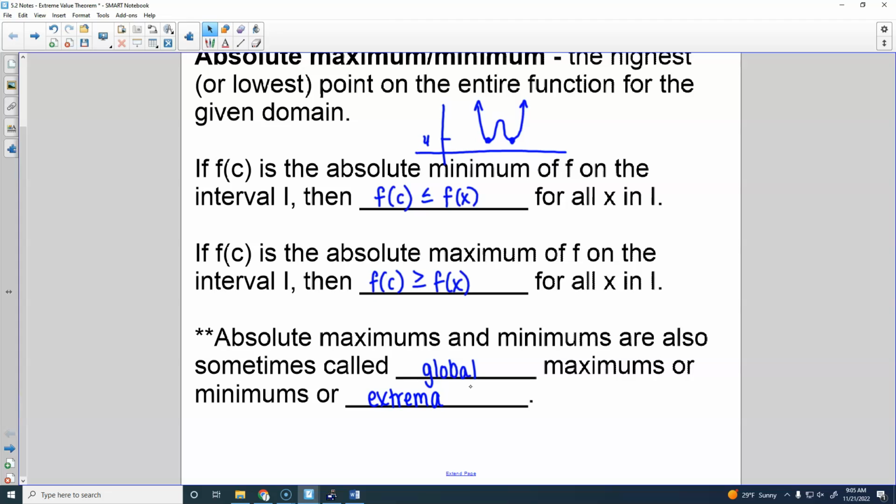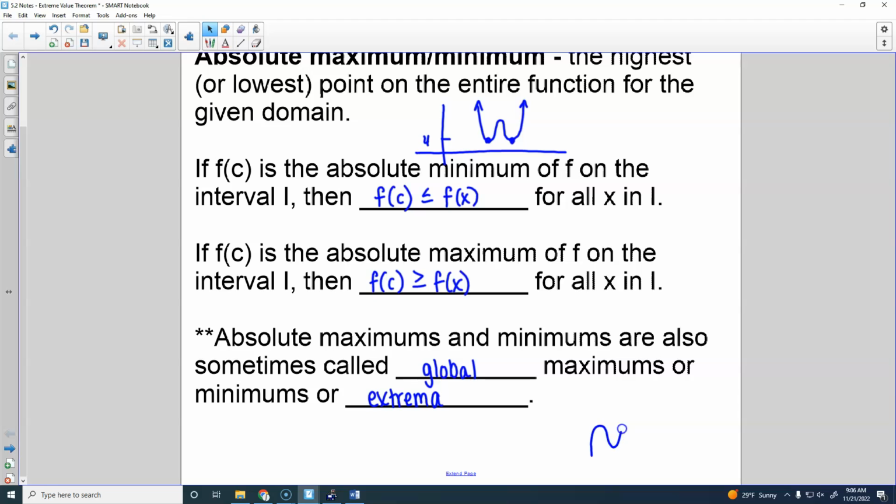It just means that they cover both things with that word. Global is looking at the whole entire function, it's looking at whether or not it's the highest on the entire interval. Rather than, we'll look tomorrow at local or relative maximums and minimums.